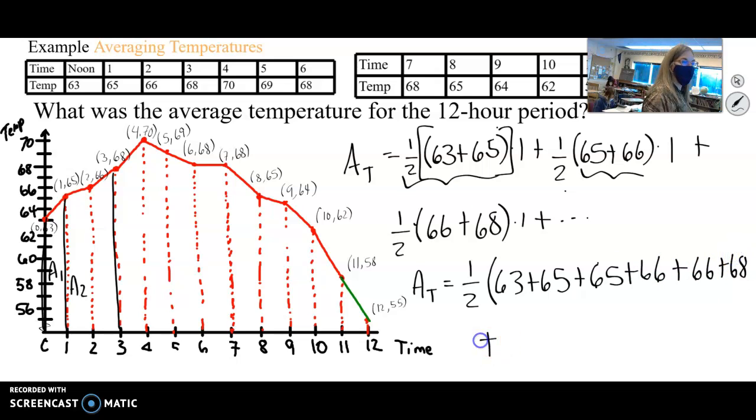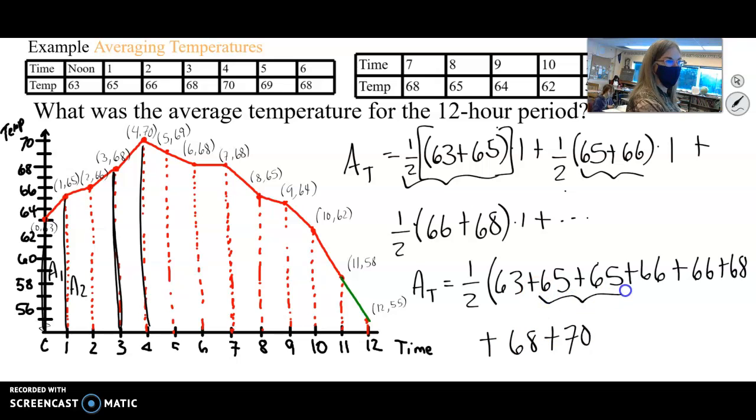For the next one, we'd have 68 plus 70. We can take a shortcut and add 2 times each of these bases.